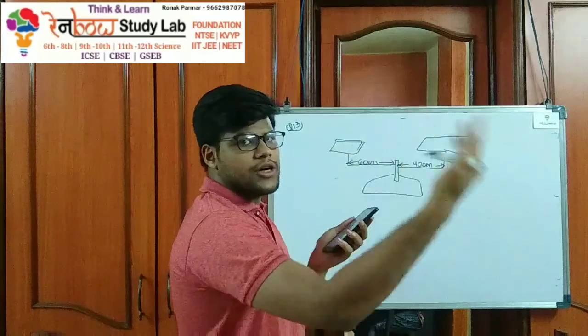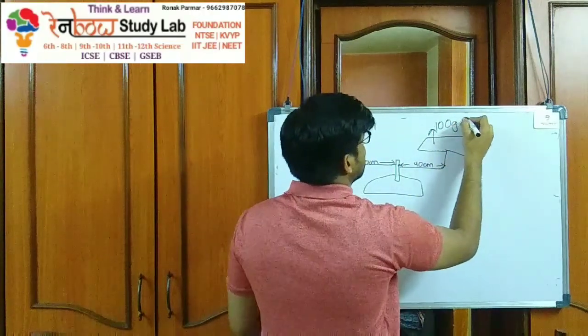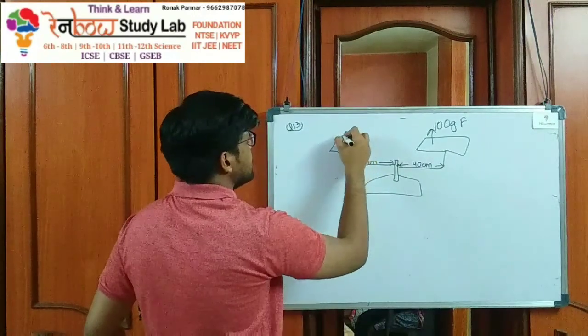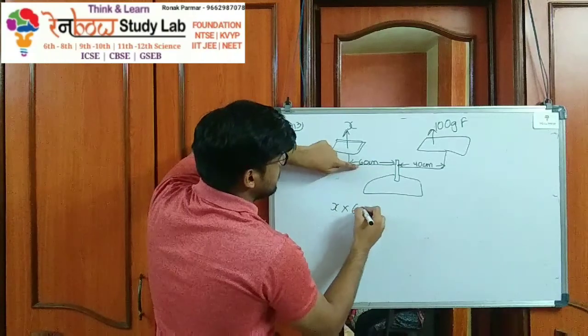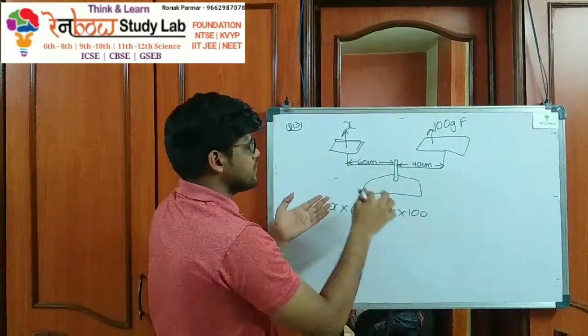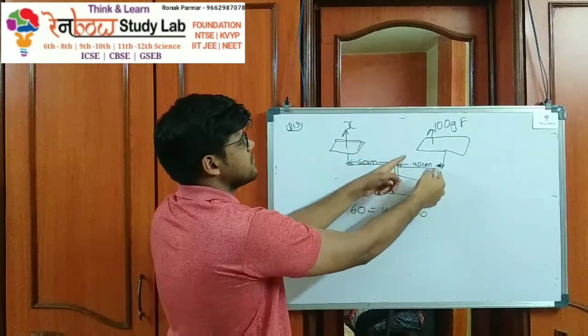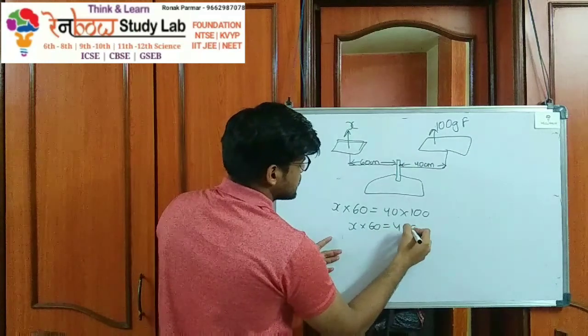So that it balances out if the weight on other end is 100 gf. Again same thing, let here the weight be x. So moment due to x into 60 will be equal to 40 into 100, because it is in balance situation. So this distance into force and this distance into force will be equal. This is 4000.